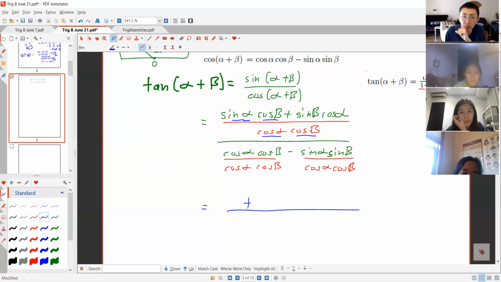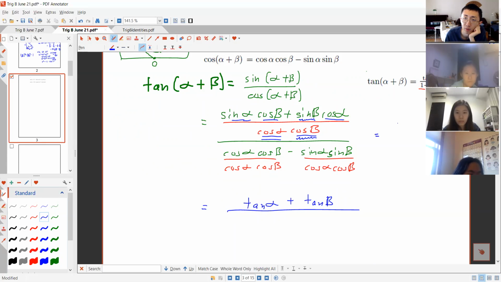So sine alpha over cos alpha, it'll be tan alpha. Whereas here we have cos alpha and cos alpha, and we're left with sine beta over cos beta, which is tangent of beta.